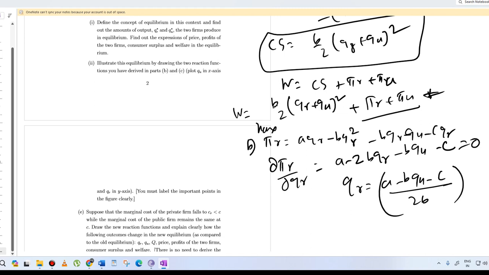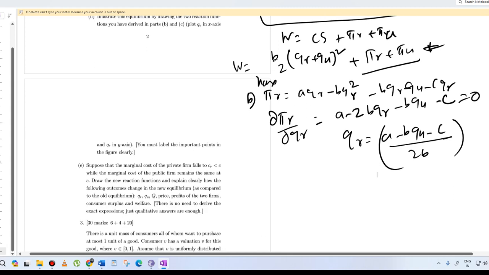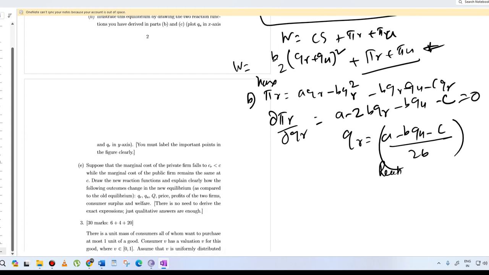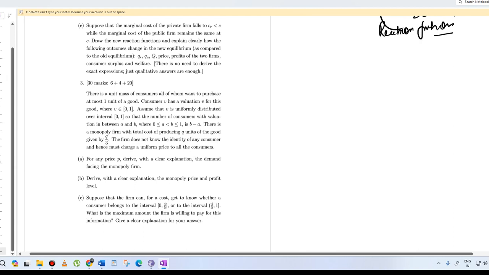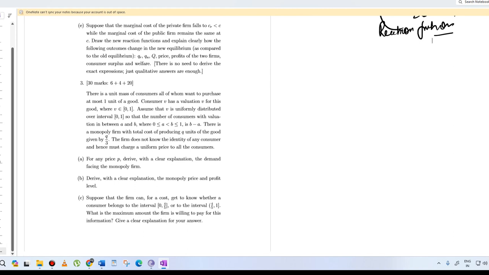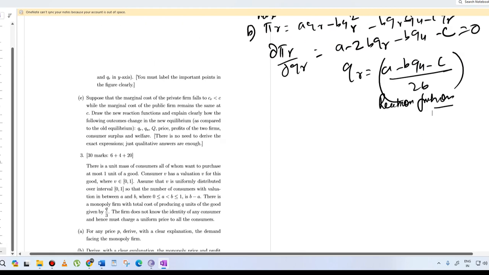This expression gives the private firm's reaction function, which represents the optimal choice of output. The reaction function shows how the private firm's optimal output responds to the output choice of the public firm. This reaction function will be useful to analyze the firm's behavior, and this is the second part done.